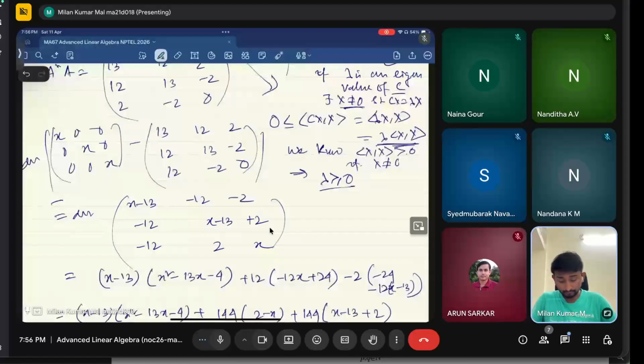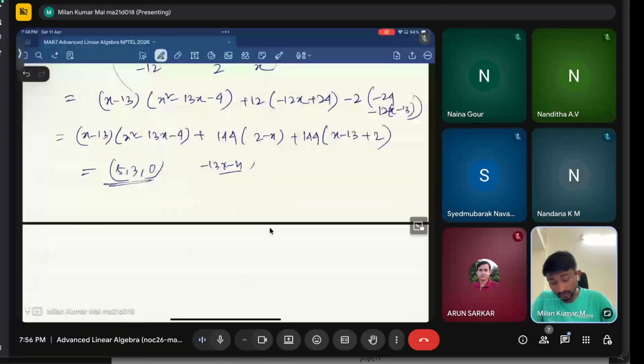Okay, so it will have the eigenvalues actually 25, 9, 0. These are the eigenvalues. Let me check whether these are the eigenvalues or not.